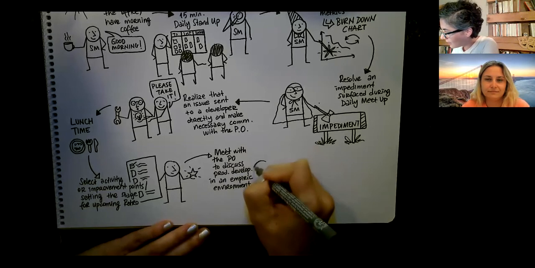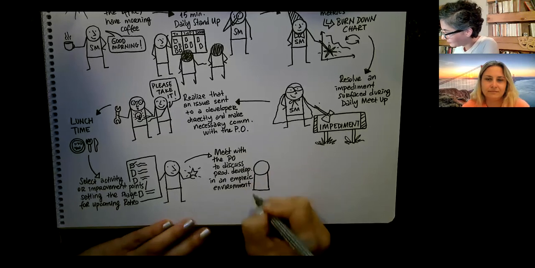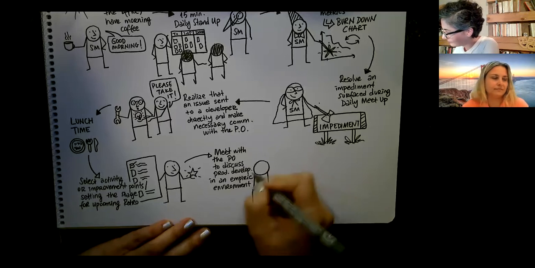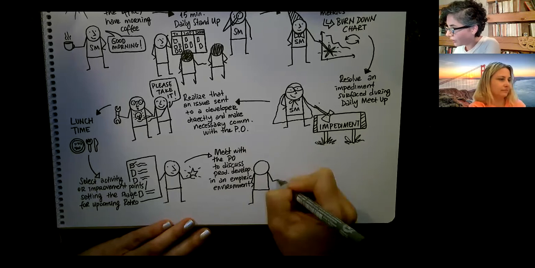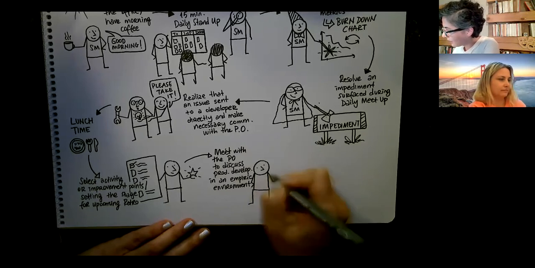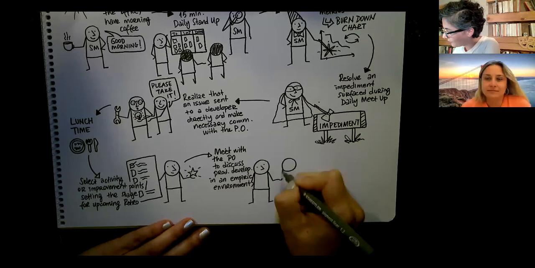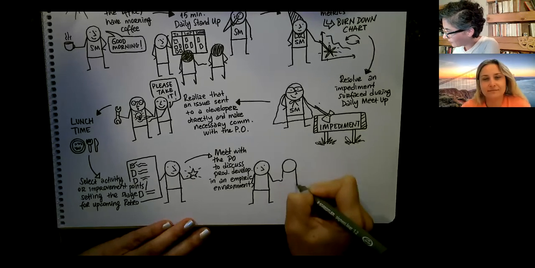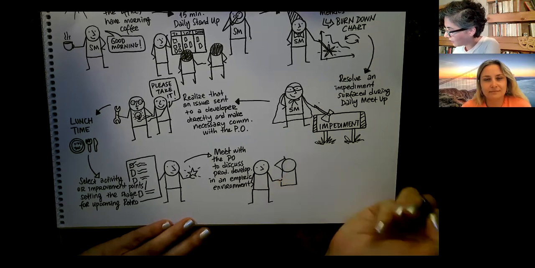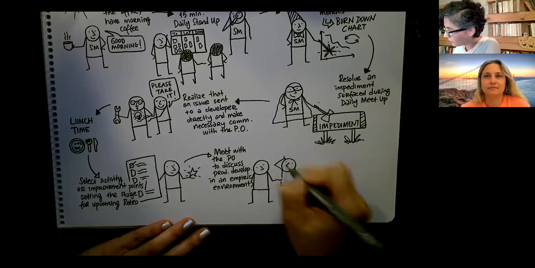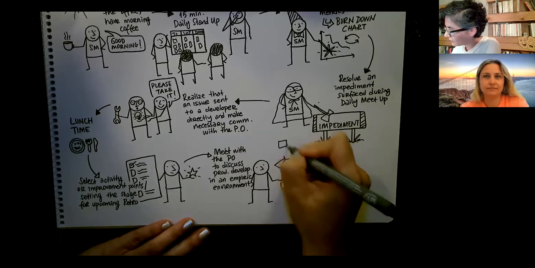So again, the Scrum Master talking with the product owner. Like thinking about, maybe thinking about a new product.